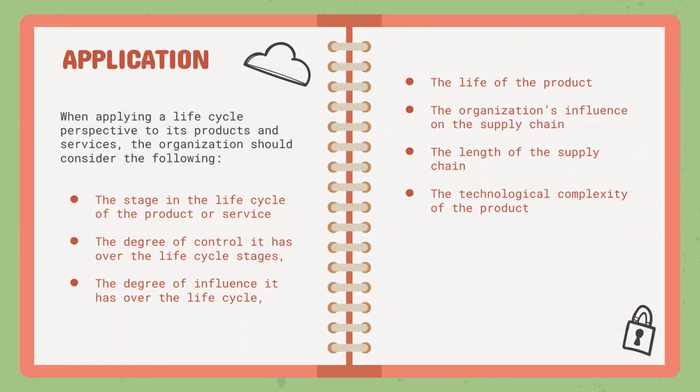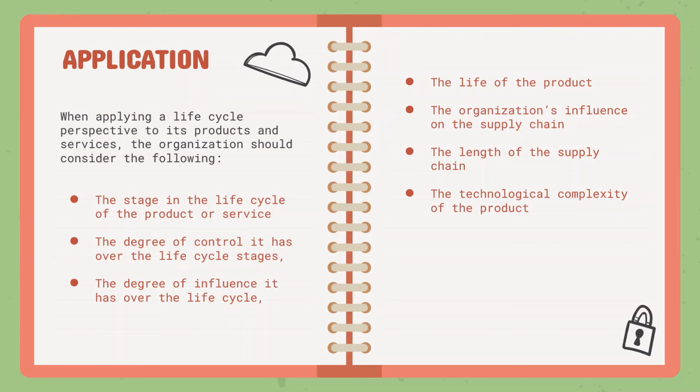The fourth aspect is the life of the product, which means how long the product can sustain. The fifth aspect is the organization's influence on the supply chain. Meanwhile, the sixth aspect is the length of the supply chain, which means how much the product is supplied to others.